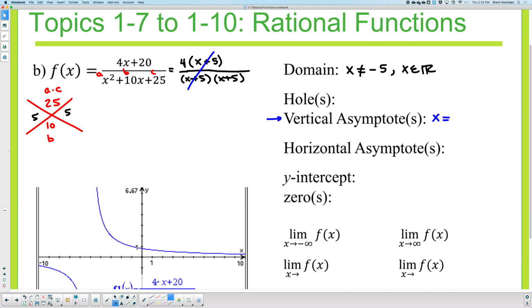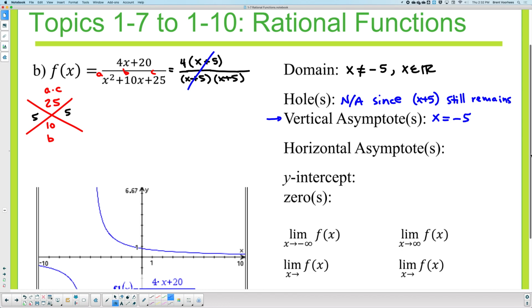So we're going to have x cannot equal negative 5 as a vertical asymptote or an infinite discontinuity, not as a hole. Just so you're clear, there's no hole, since x plus 5 still remains in the denominator. So even after we simplified, there's still an x plus 5, and that's why we don't have a hole.